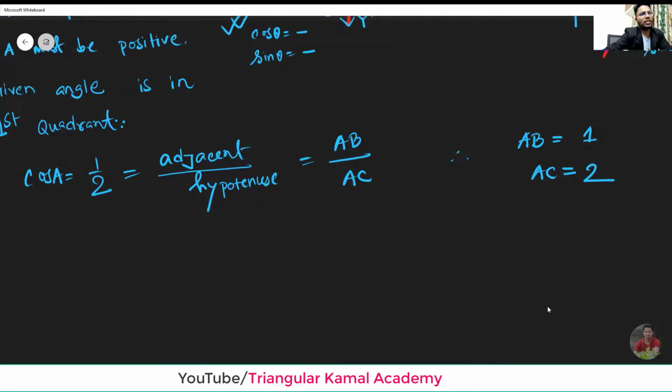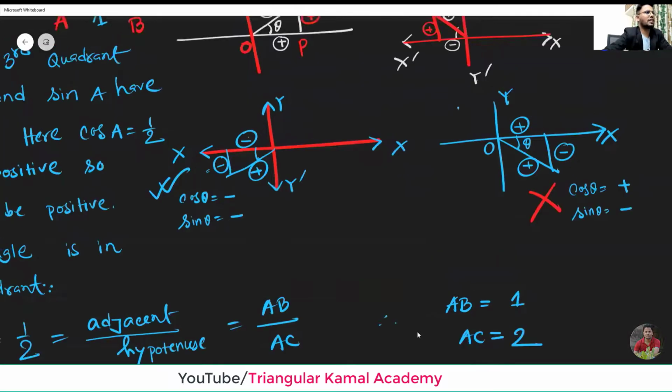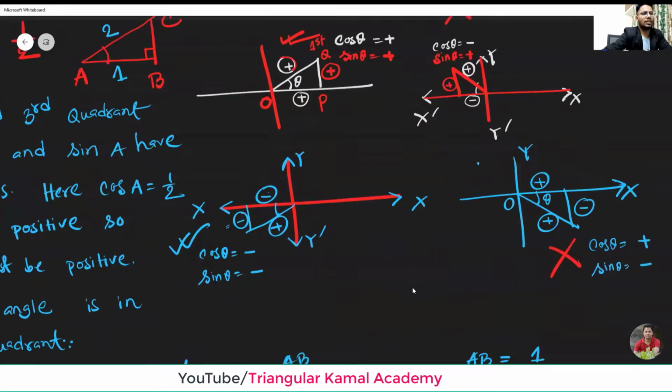Now by using Pythagoras' theorem, we can find the unknown side, which is BC.